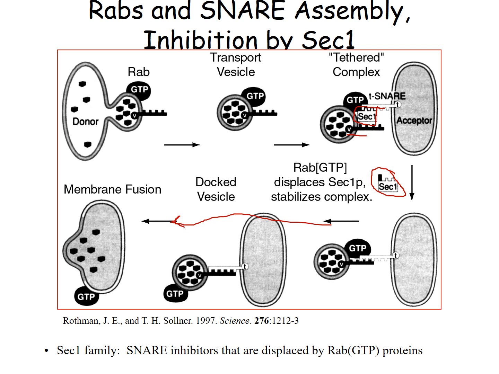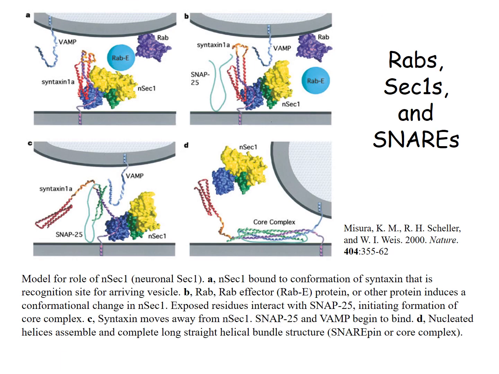Okay. So if SEC1 is stuck, then you would never get a fusion. Or if SEC1 never binds, then you might get fusion of the wrong vesicles to the wrong compartment. SEC1 is critical here.